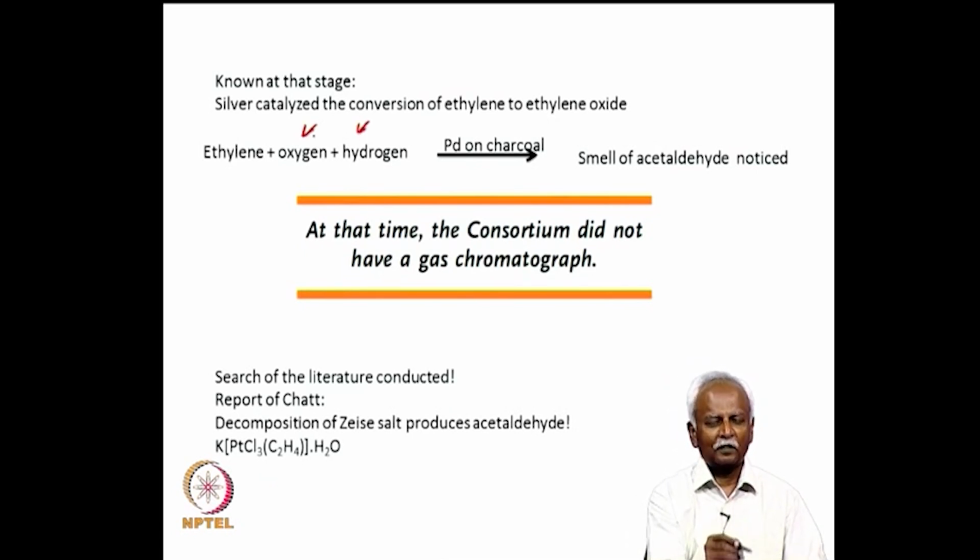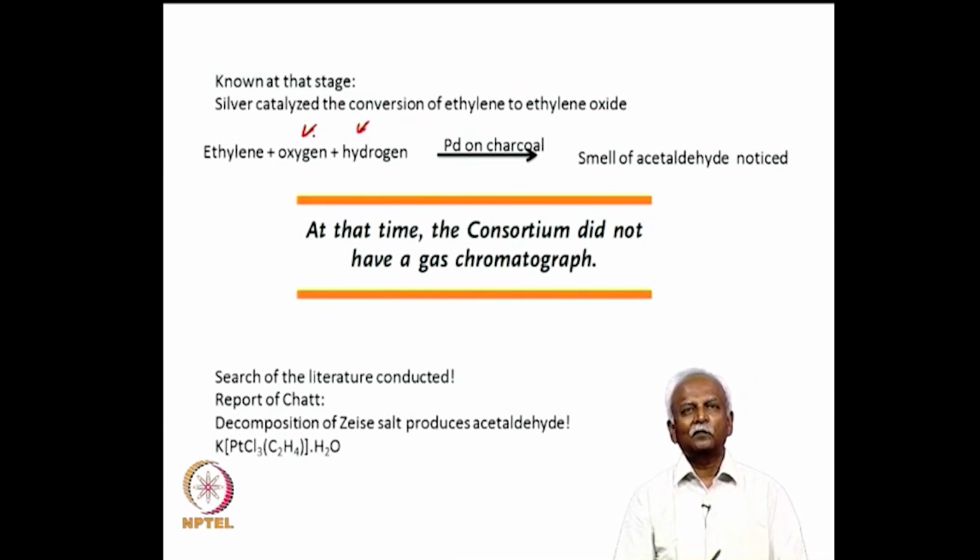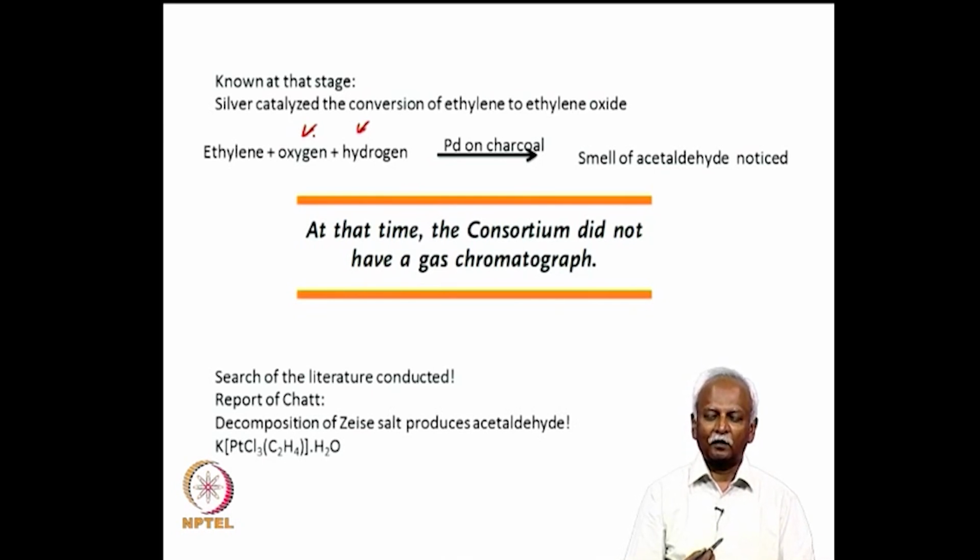So, both oxygen and hydrogen were in the reaction mixture, and on passing ethylene, he found that the reaction had proceeded, but there was no way for him to analyze the reaction mixture in a very modern way, and he smelt acetaldehyde in the reaction mixture.